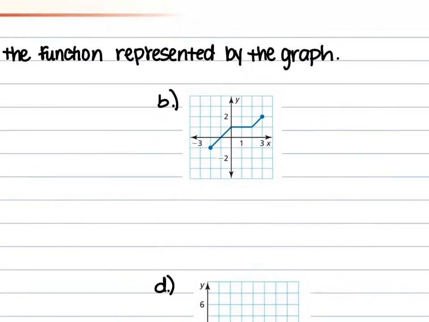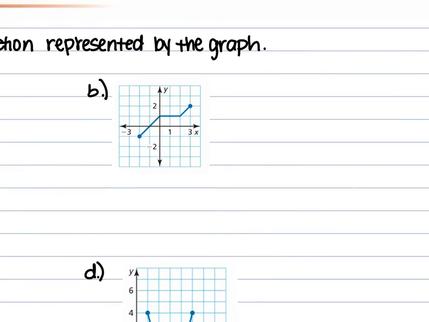For example B, this one's a little different. This one doesn't have specifically just ordered pairs. There's a line between these two ordered pairs. So that line covers those x values from the -2 to the +3, as well as the y values from -1 to +2. So we want to look at our domain as anything from the smallest to the largest x value.